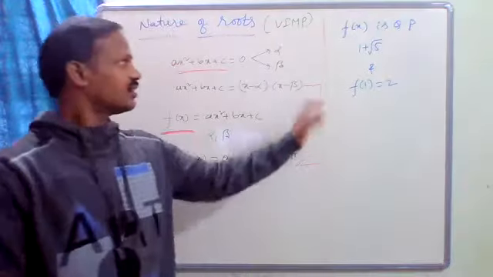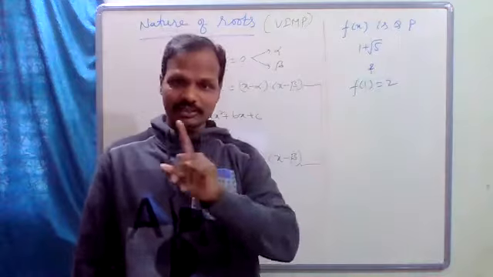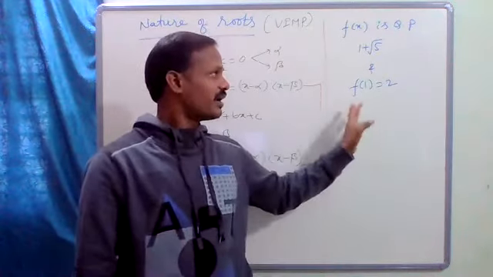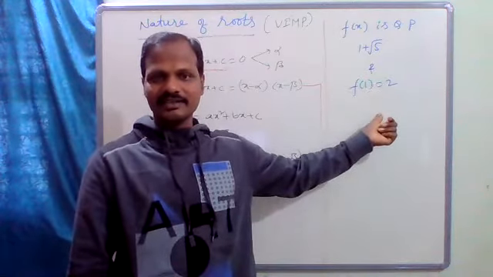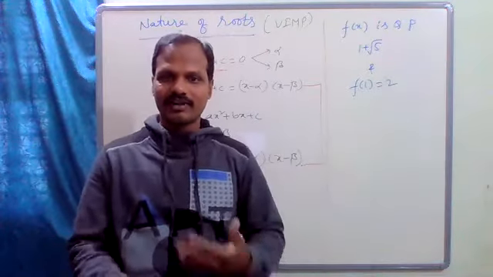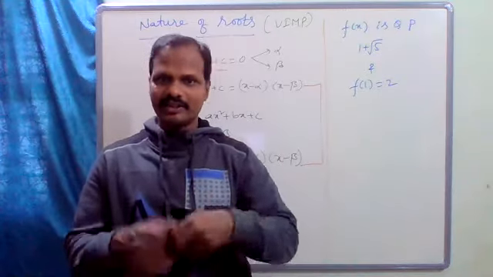My question is, f of x is a quadratic polynomial, and one of the zeros is 1 plus root 5. And f of 1 equal to 2. The polynomial satisfies this condition. Then what is that polynomial? If two roots are given, then we can find the quadratic equation.